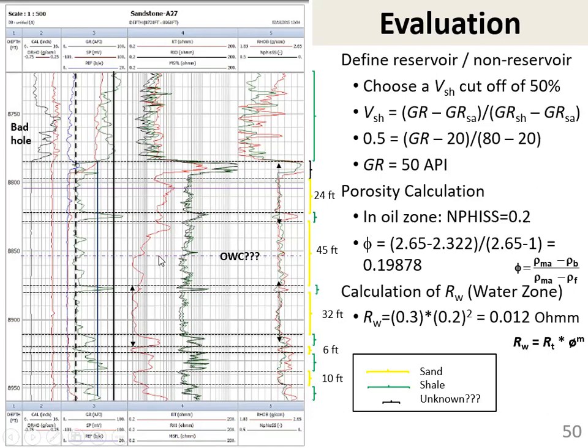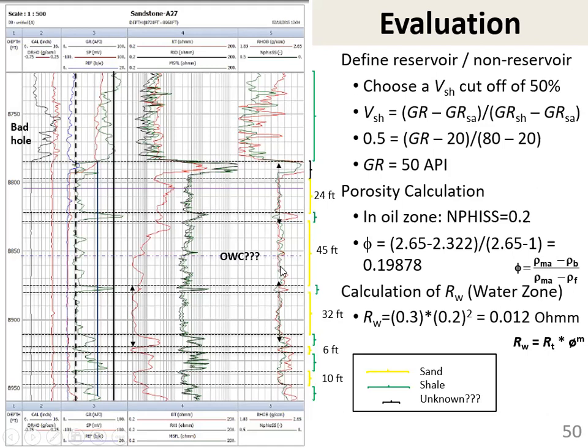My basis for putting a possible OWC is that here you start seeing the resistivity drop significantly to a very low value, I think this is 0.3 ohm-meters here. And the likelihood of having hydrocarbons from this depth is very, very low. That's the basis for me placing the OWC here.